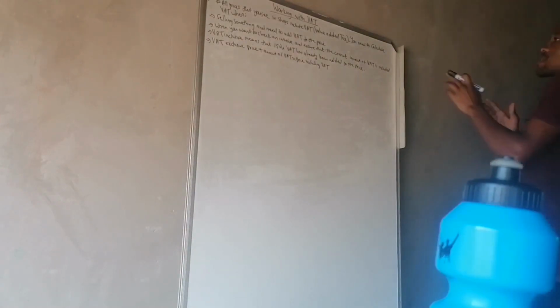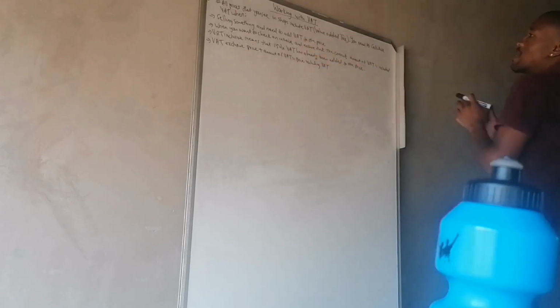This is a brief summary of the theory behind VAT. All prices that you see in stores or shops include VAT, which is value added tax. You need to calculate VAT when you are selling something and need to add VAT to its price. Secondly, when you want to check an invoice and ensure the correct amount of VAT has been included.